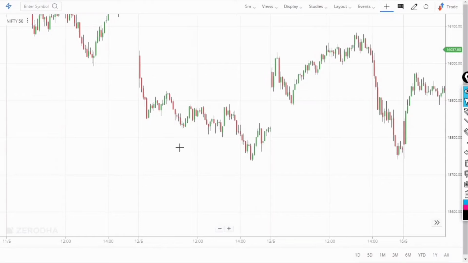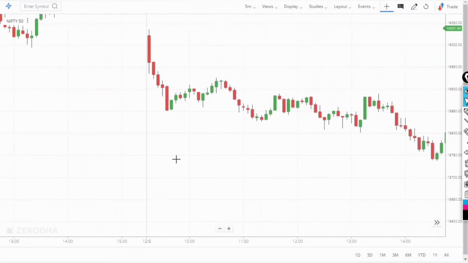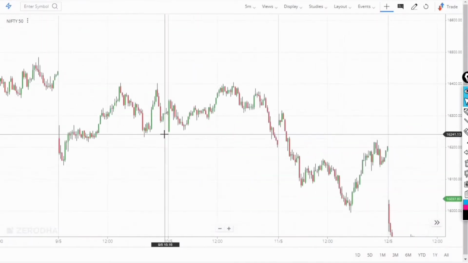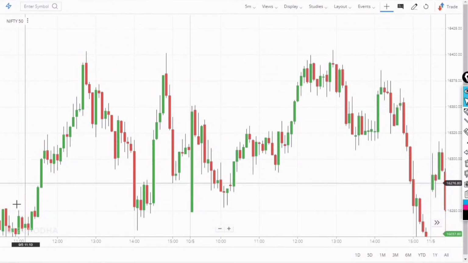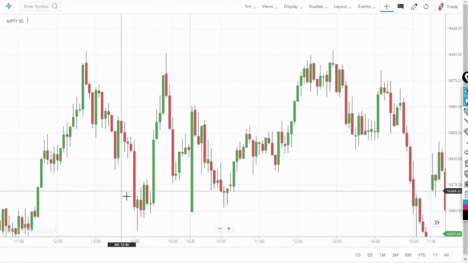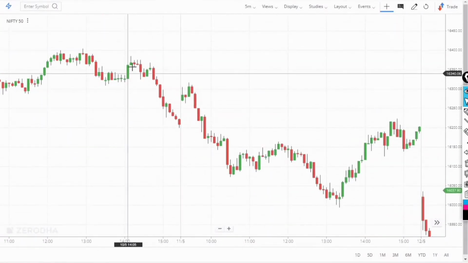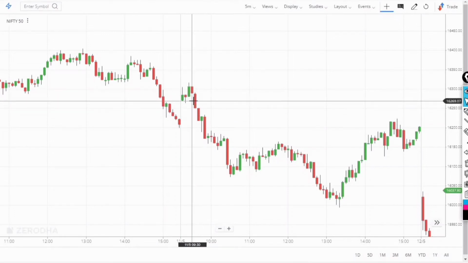Here also you can see market is in sideways movement. Here is uptrend followed by downtrend. Market is in continuous downtrend. Followed by next day also it is in downtrend.